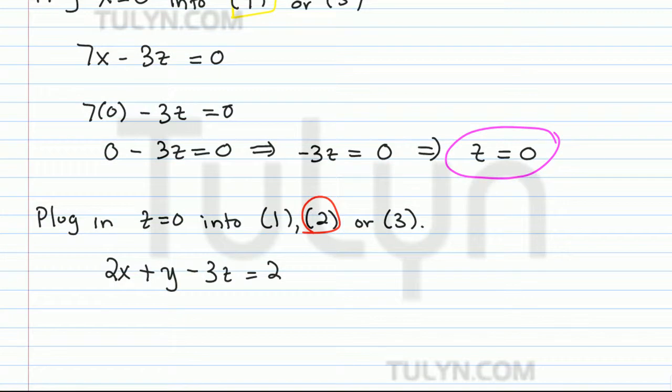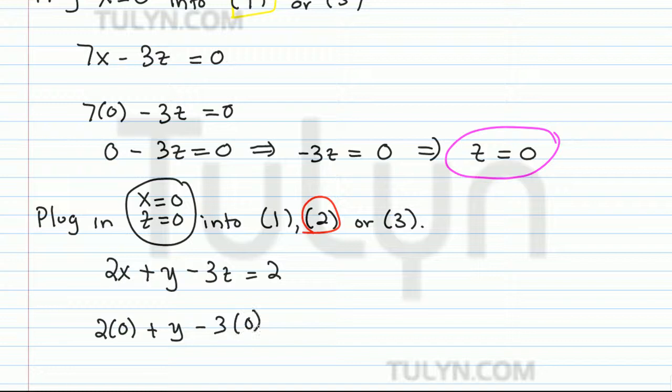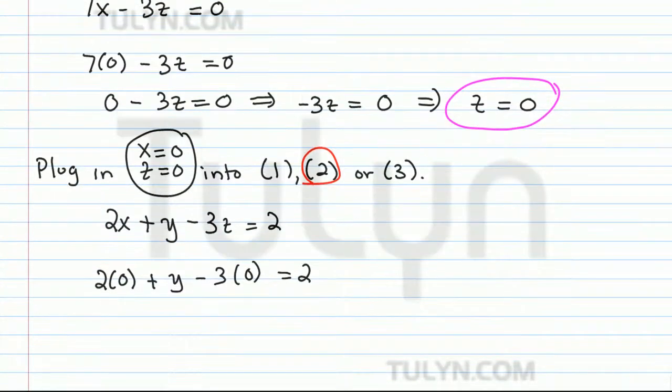Now we also want to plug in x is equal to 0. Since x is equal to 0 and z is equal to 0, we get 2 times 0 plus y minus 3 times 0 is equal to 2. Anything times 0 is 0, so 0 plus y minus 0 is equal to 2.